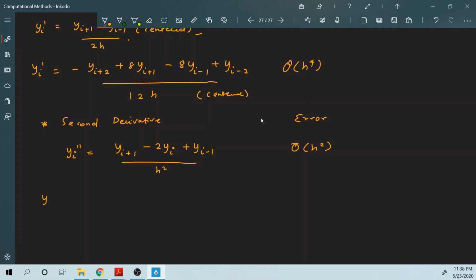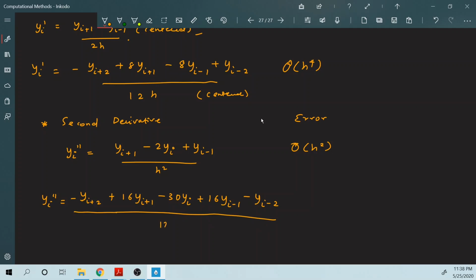And if you want a more accurate scheme for the second derivative, it's going to be divided by 12h square.